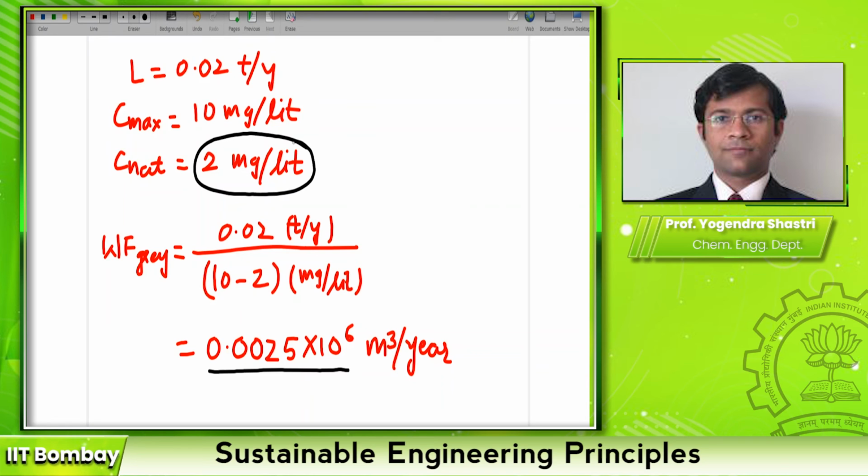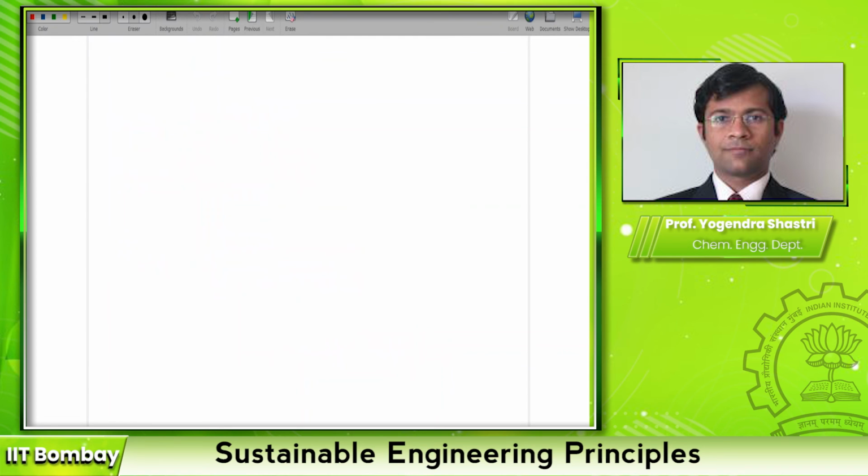This can actually be a little counterintuitive, because the immediate thinking is that if the natural water body has 2 mg per liter, then in order to achieve a particular concentration, we should require less water. So this becomes a little bit counterintuitive. So let me explain this with the help of an additional point.